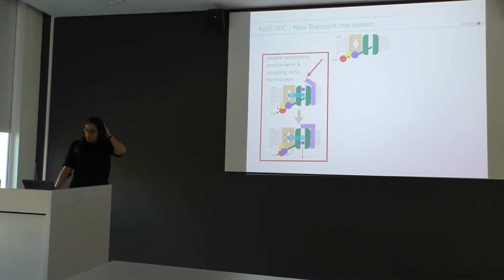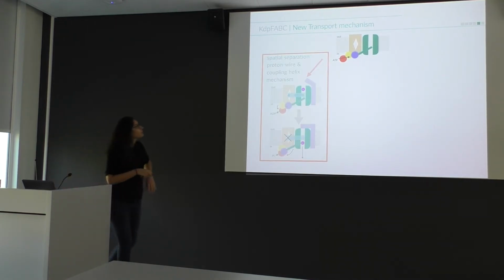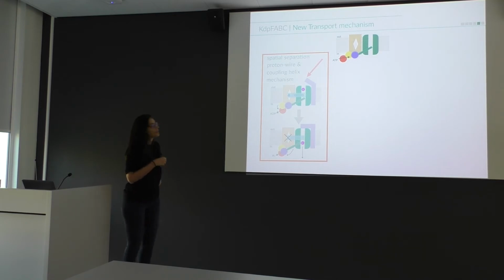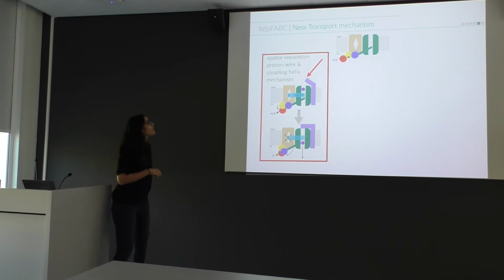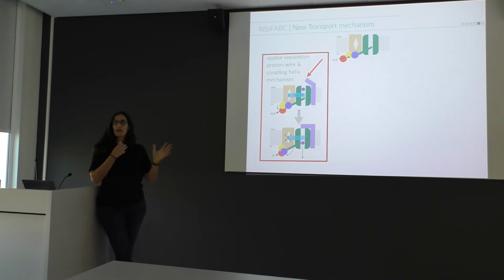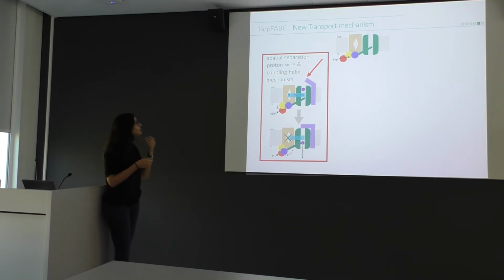So again, just as a comparison, what has been proposed until now and what we actually propose now. At the beginning, it was always believed that you have this spatial separation of a transporting unit and an energizing unit, and they are somehow coupled to each other, but do not both participate directly in the transport.